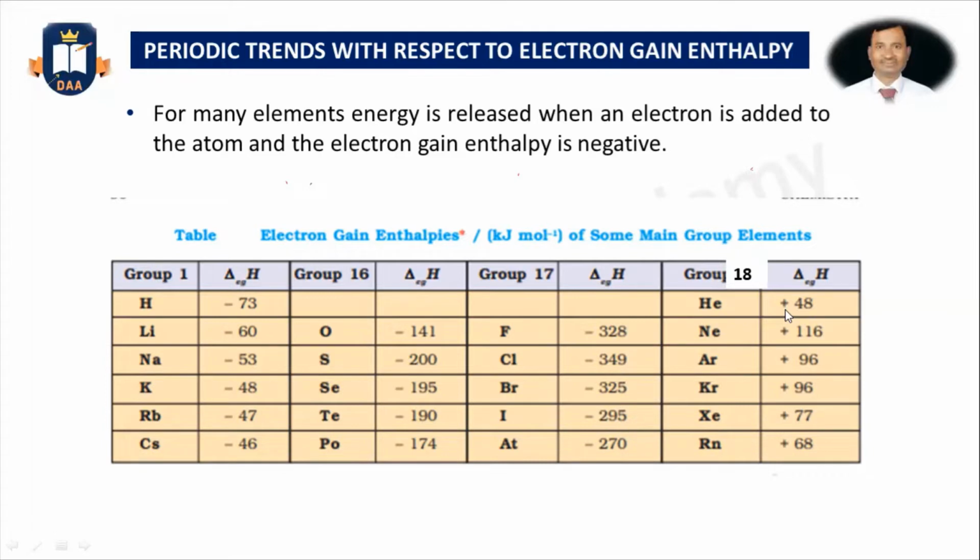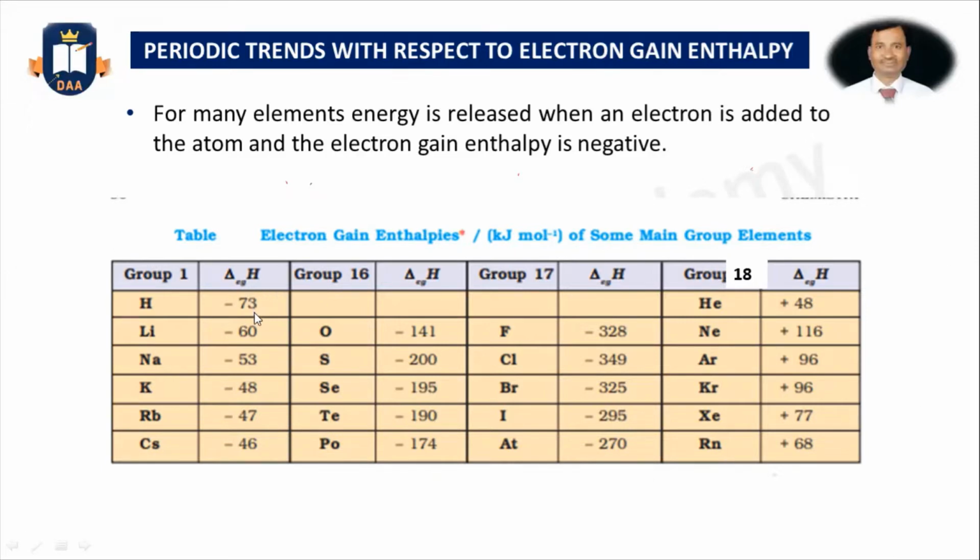That means endothermic, and that's why the electron gain enthalpy is positive. So now we'll discuss this table in detail.